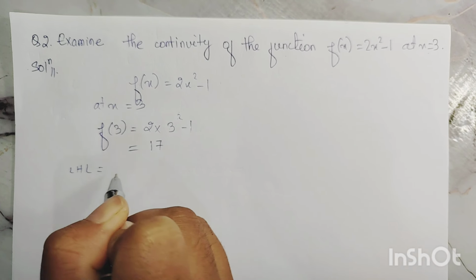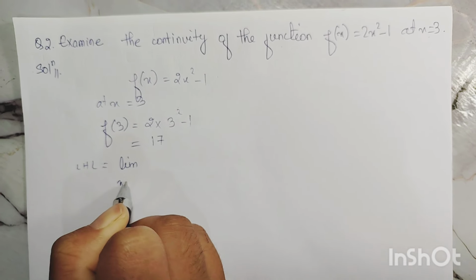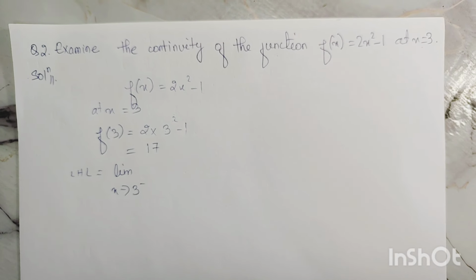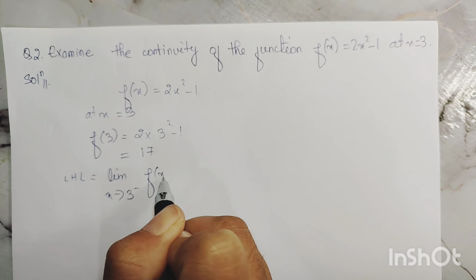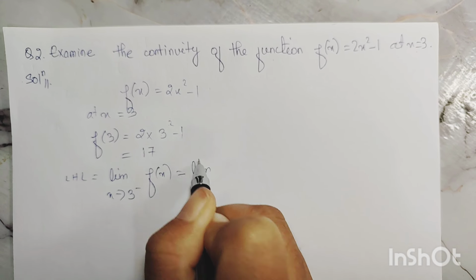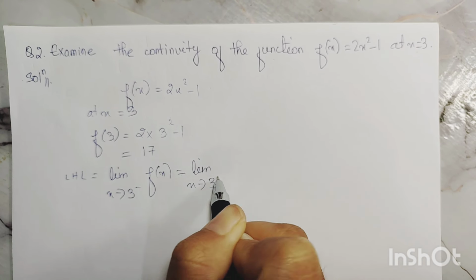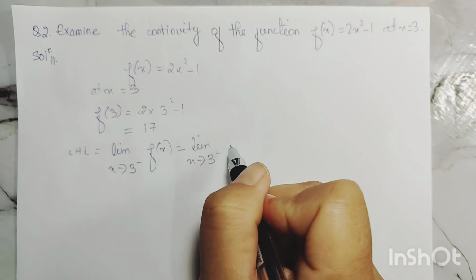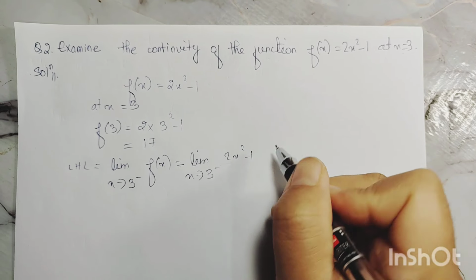The left hand limit of x tending to 3 minus f of x equals limit of x tending to 3 minus of the function 2x square minus 1.